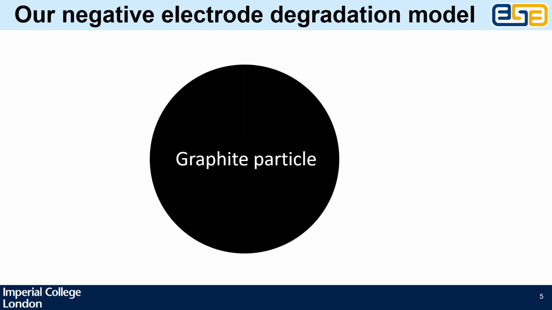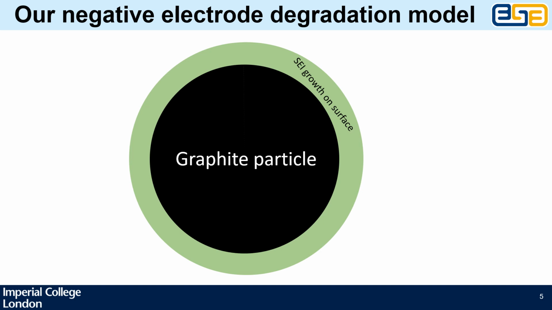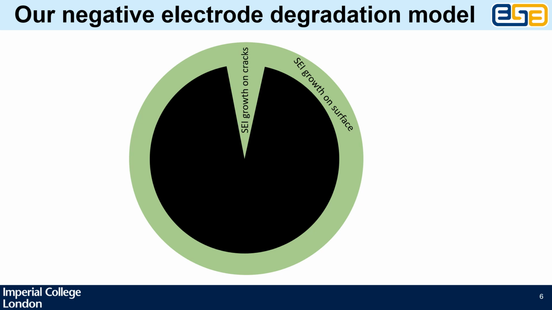So the first degradation mechanism we consider is SEI growth on the surface of the particle. Cracks propagate from the surface towards the center, and the SEI can grow on those cracks as well as on the surface.